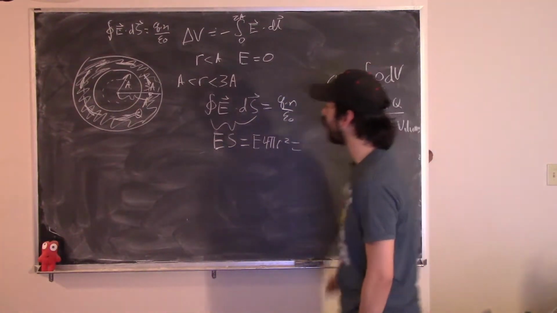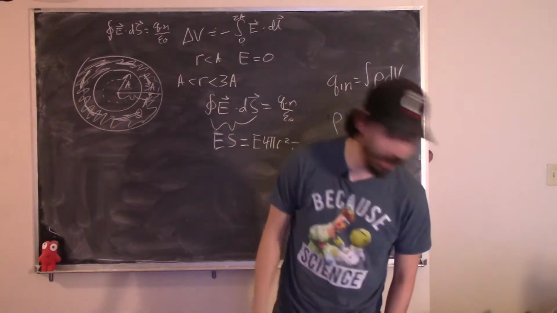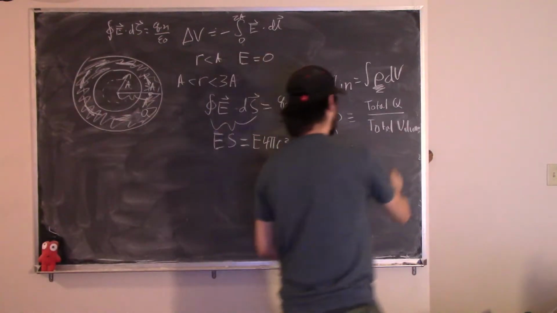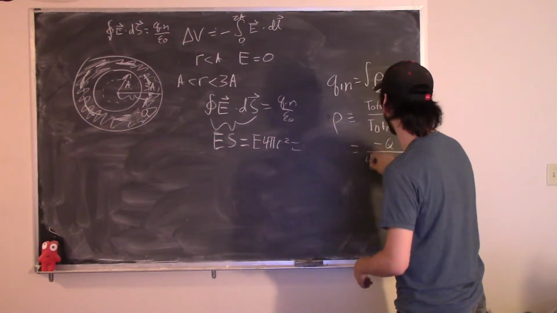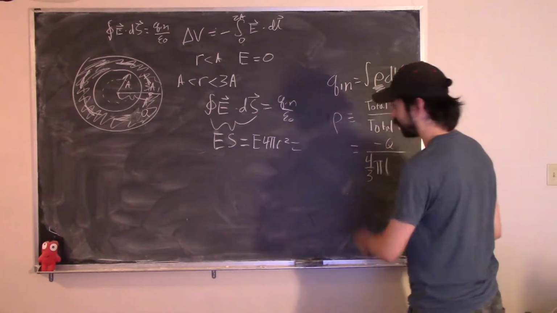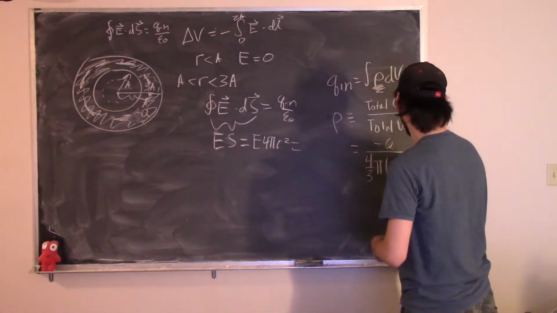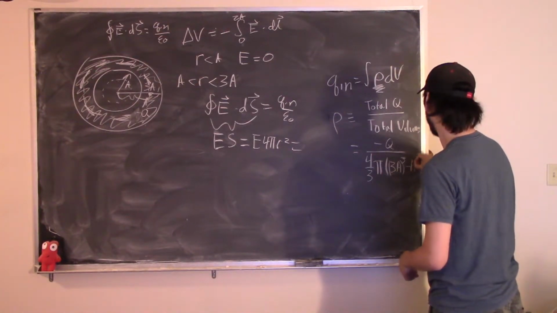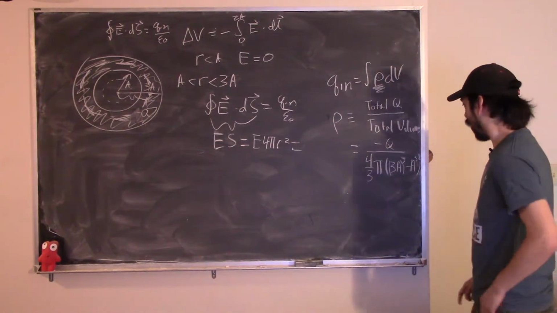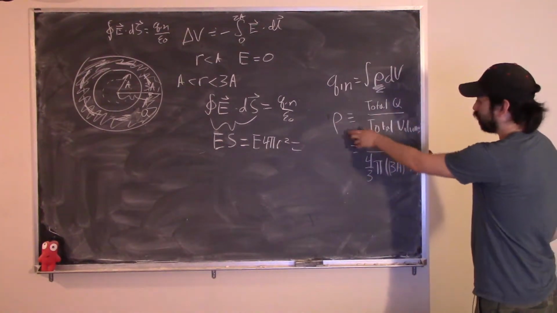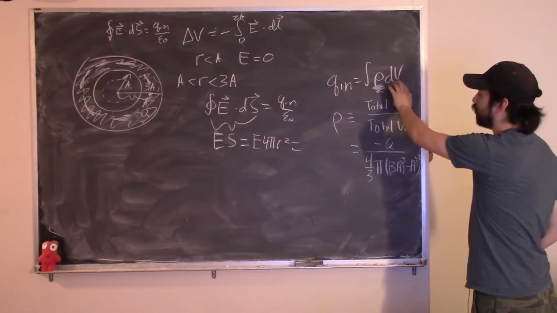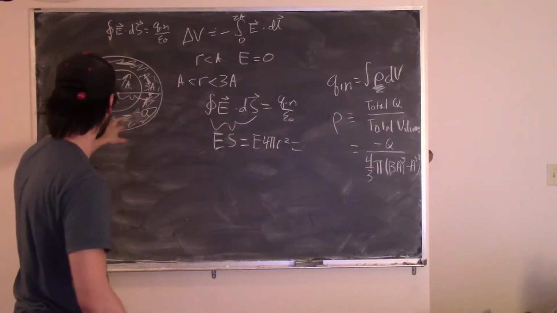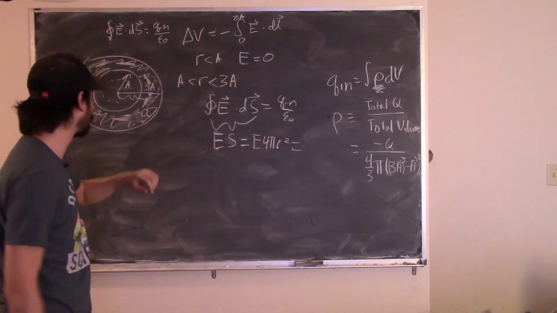I have this charge, which is a minus Q. So that's the total charge, divided by the total volume, which is 4/3 pi times the quantity 3A cubed minus A cubed. And so we have what rho is now. Now we just need to set up the integral that we need to evaluate. This is a very important point, and if this is confusing to you, I would suggest playing this back a little later.